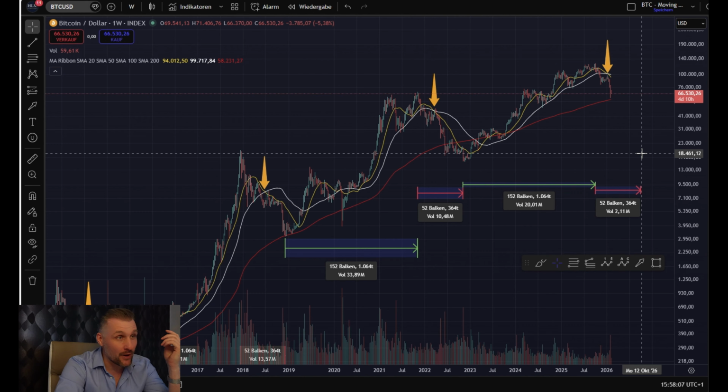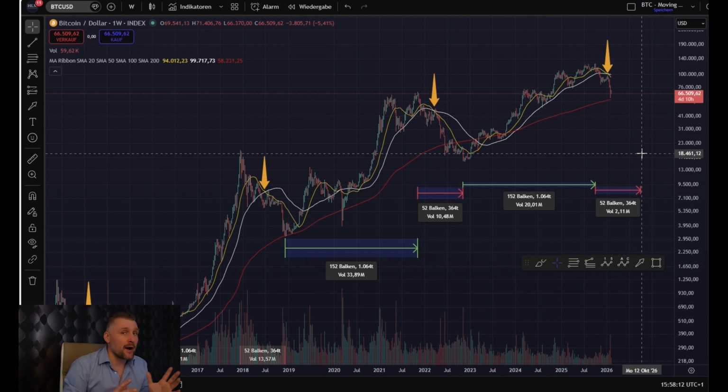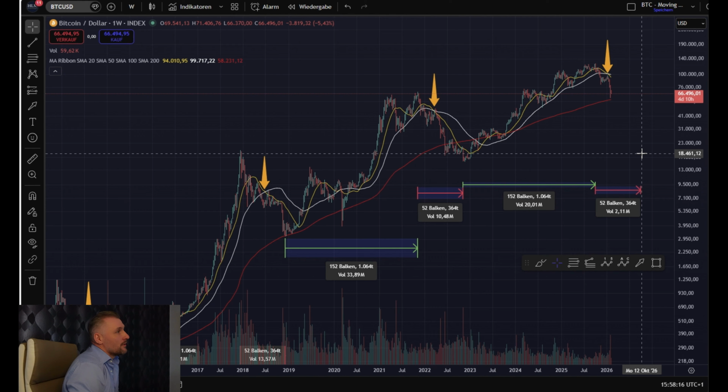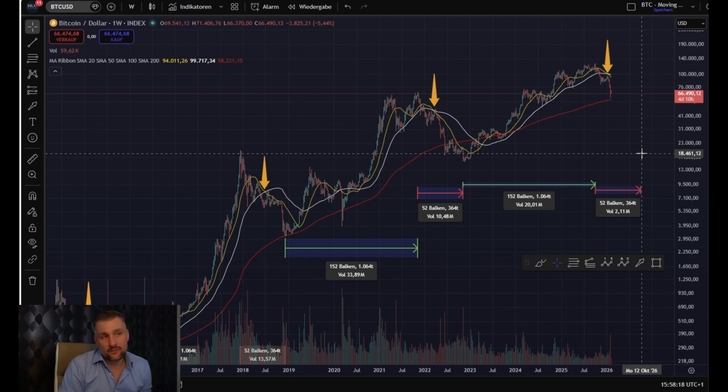We may write our low in October, because the question was, okay, when should I buy? Is Bitcoin cheap right now? I mean, that also depends on what risk management you have, what's your trading plan, and how you want to invest your money.